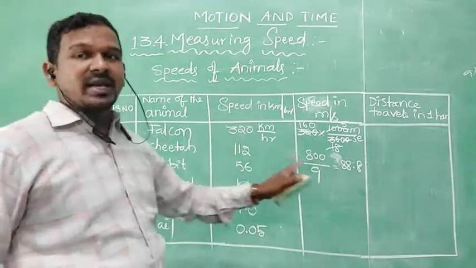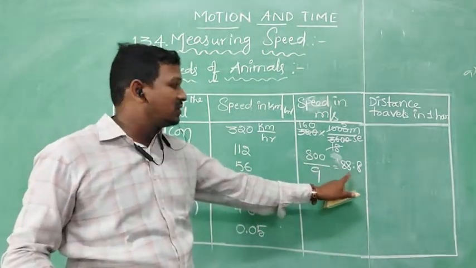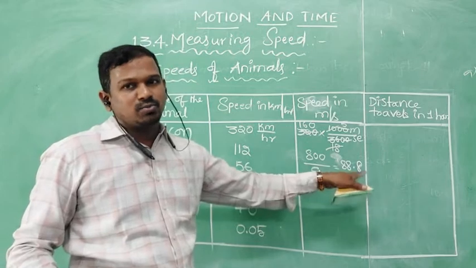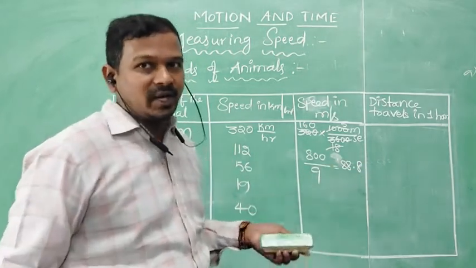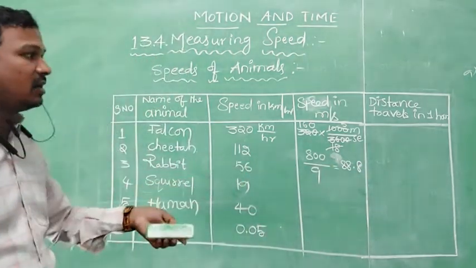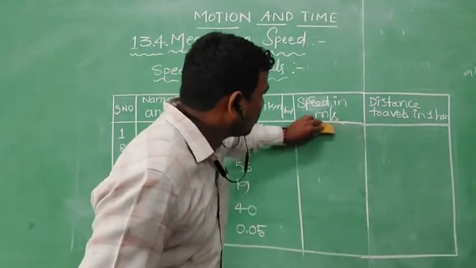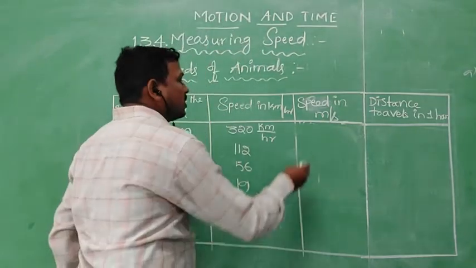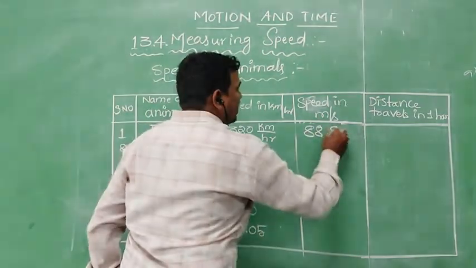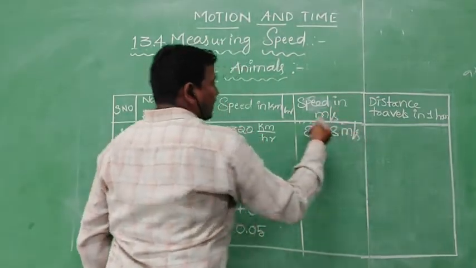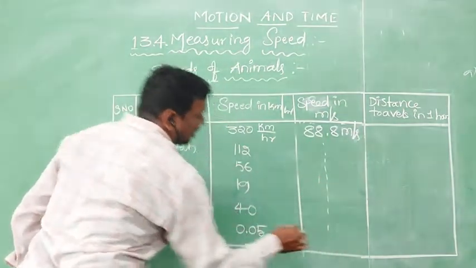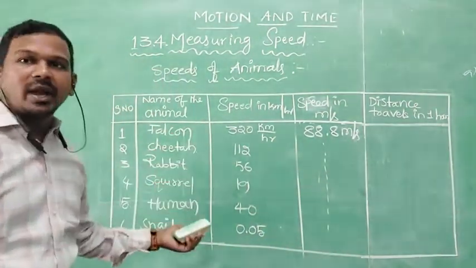So in 1 second, how much distance will it cover? 88.8 meters of distance it will cover. So like this, different animals will go with different speeds. Here it is 88.8 meter per second. Like this, we will have the different speeds for the individual animals.